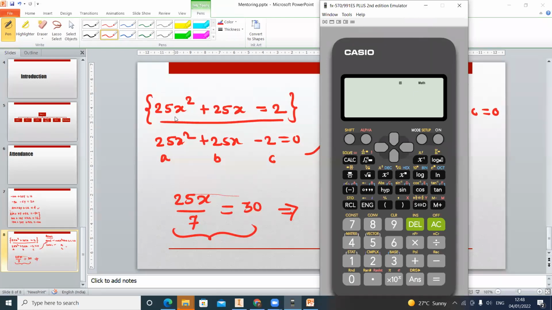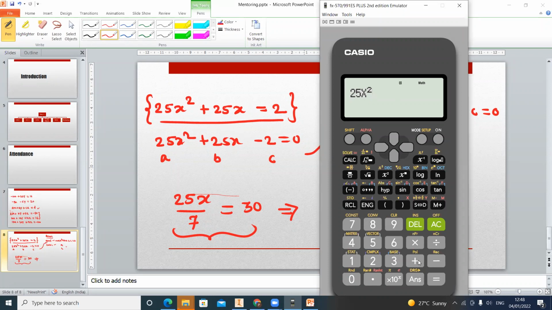Let us see how to solve this equation, which is a quadratic equation, by direct calculation. So 25, second is x square. First enter the constant x, so alpha x. Now this is x square, so there is one direct option square, that will make the square of the constant or the variable.